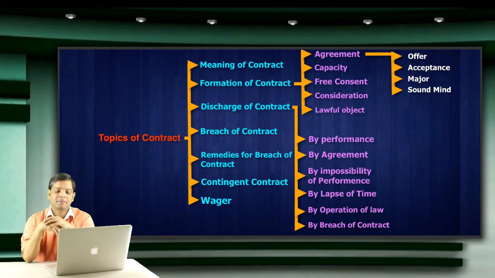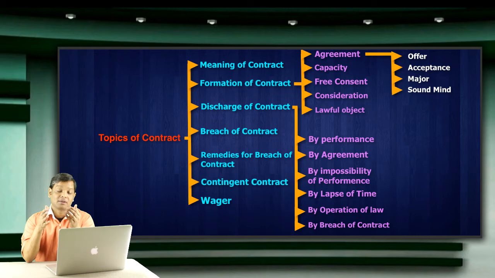Secondly, we have discharge by agreement of contract. Though we made an agreement to form a contract, again, to discharge a contract for any reason, we can make an agreement.